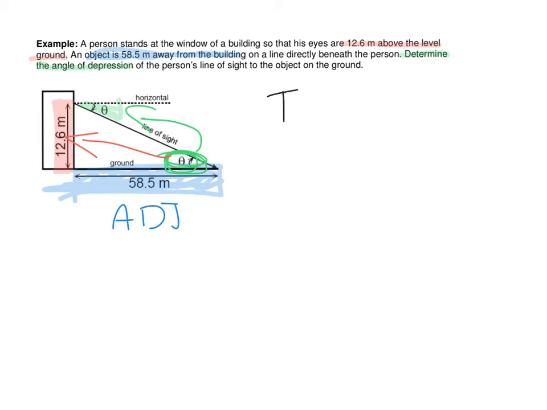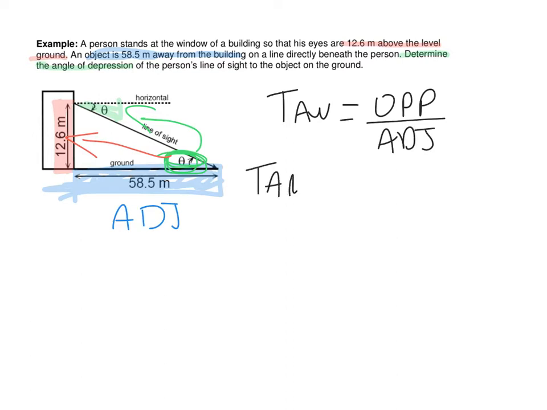We know that tan is equal to opposite over adjacent. We're looking for an unknown angle, so we have tan of, and this symbol is called theta. Our opposite side is 12.6 meters. Our adjacent side is 58.5 meters.